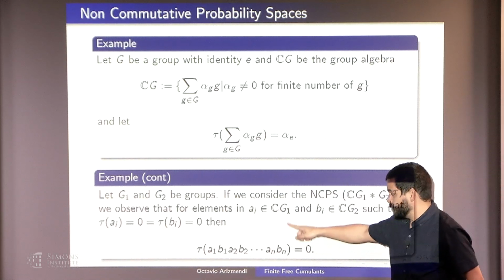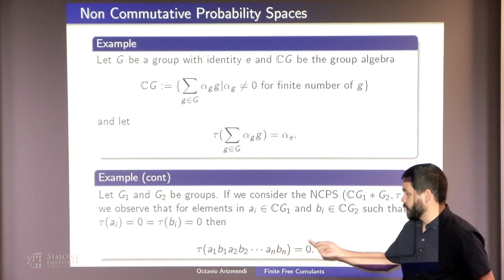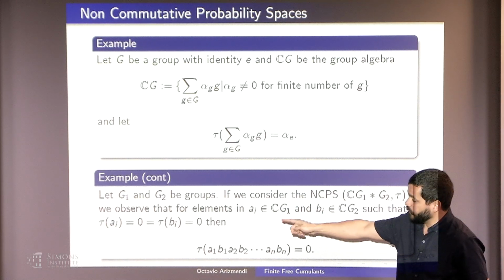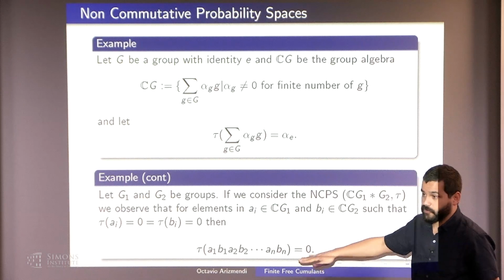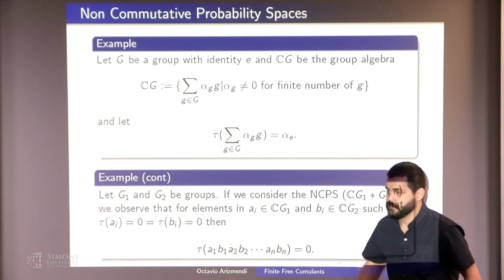This observation says that if I take alternating products of elements which are in different algebras and have mean 0, then the product will also have mean 0.